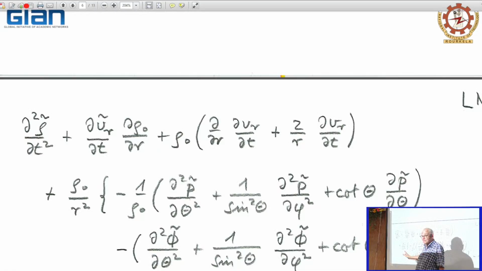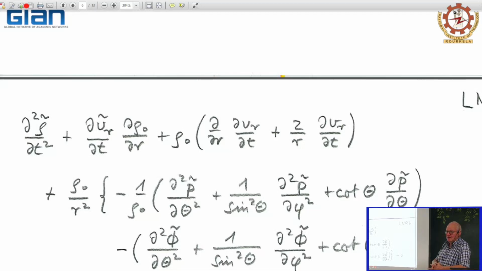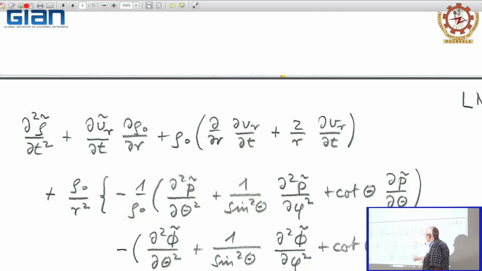The v theta and v phi component by the respective components of the momentum equation. And then we are left with an equation containing only the density perturbation, the pressure perturbation, the potential variation, and the radial velocity components.